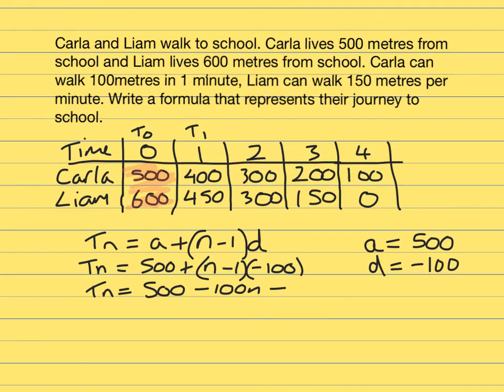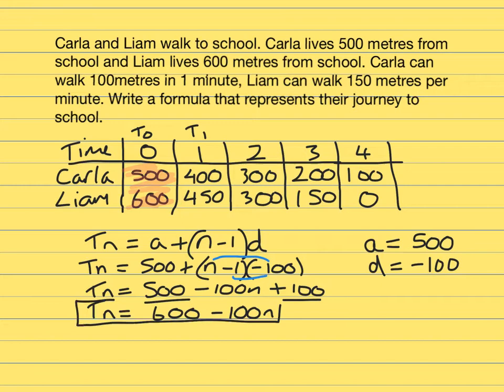So again, just as a quick recap, it's going to be 100 multiplied by n, and then I have minus 100 multiplied by n. Then I'm going to have minus 100 multiplied by minus 1, which is going to give me plus 100. And I'll get Tn is equal to 500 plus 100 is 600 minus 100n. Okay, so that's my linear equation.